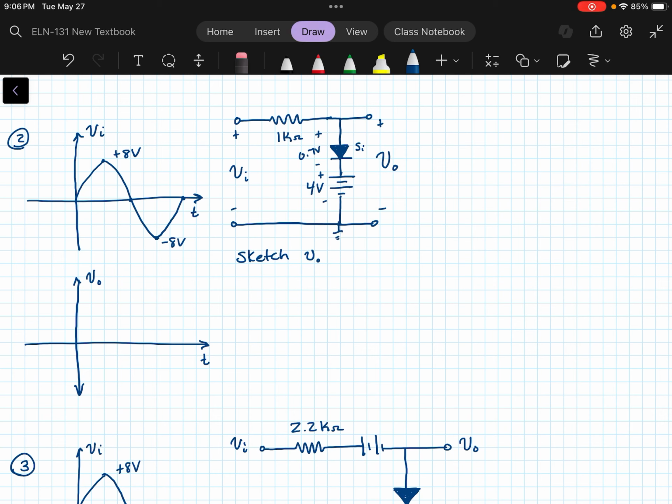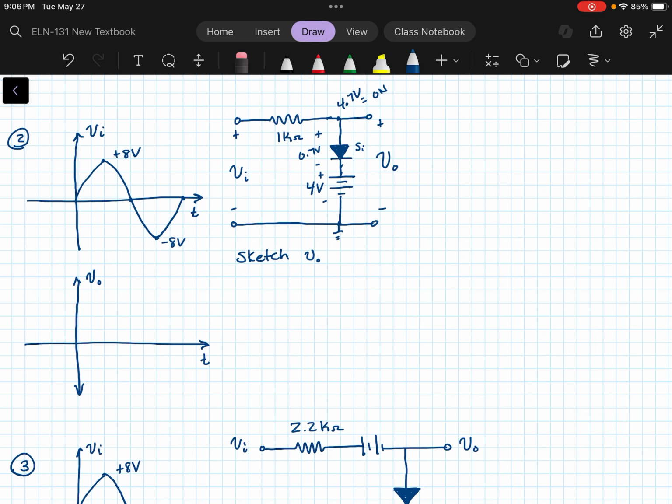We're assuming that's ground. Going from ground up across the 4 volt source, we're adding 4 volts there. And then to get across the silicon diode, we would need to have 4.7 on this other side here. So 4.7 volts will be when the diode is on.